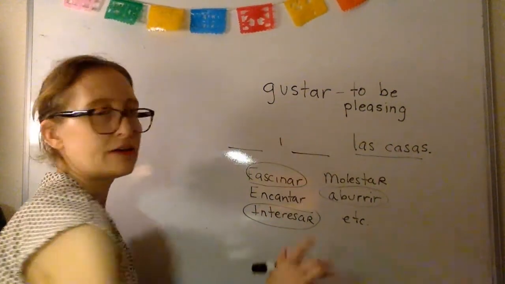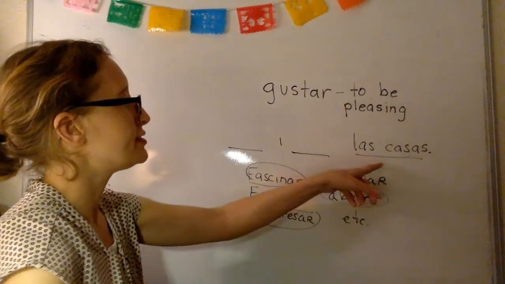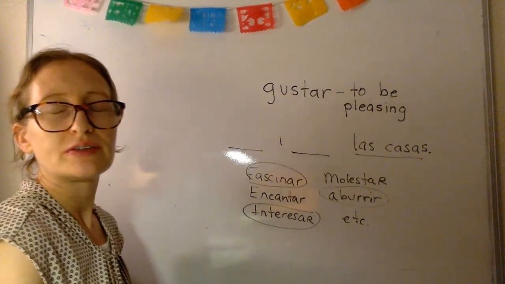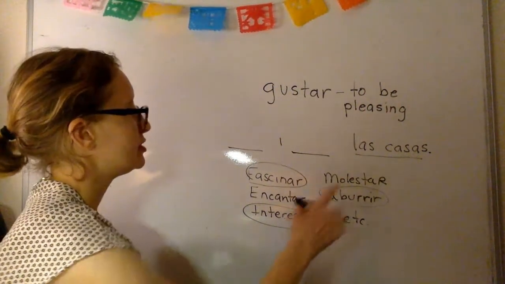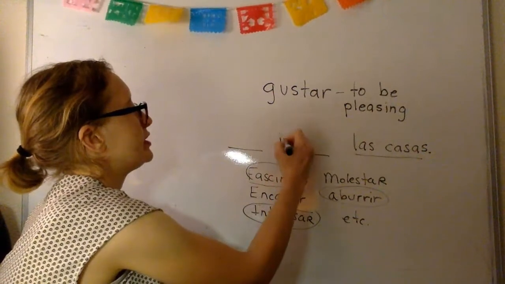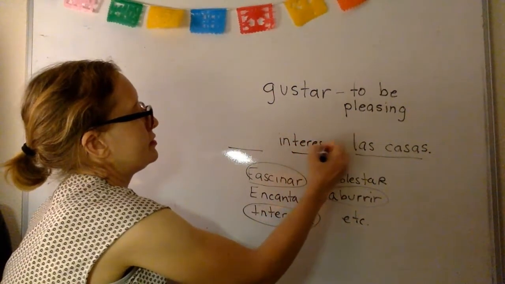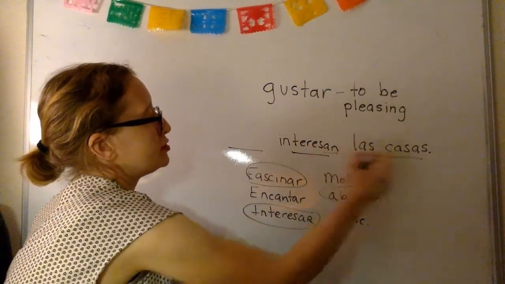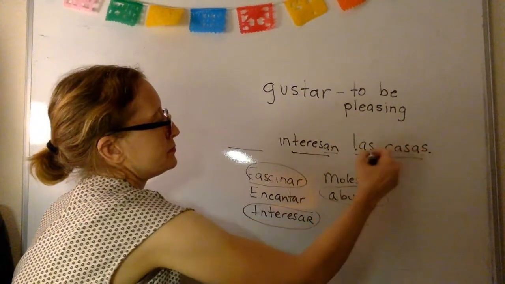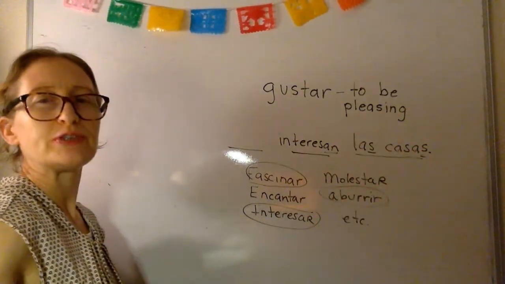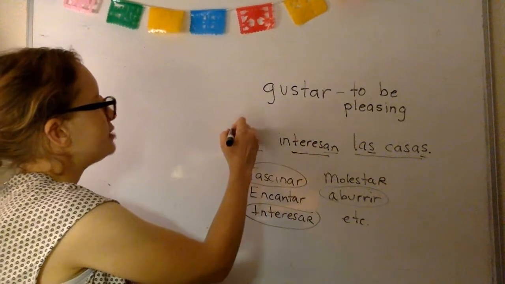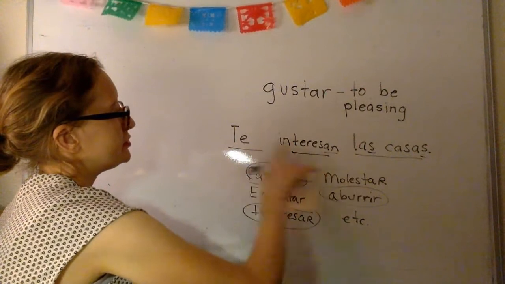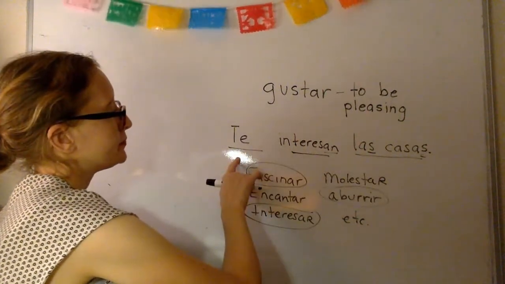So how do we conjugate interesar? Well, casas is your subject, but this time it's a plural word. Earlier we saw singular words, so this is plural. So here we have to have interesan. The houses are interesting. This agrees with this. Plural, plural. Now we just need to put to you, and our object pronoun is te. The houses are interesting to you, or the houses interest you.